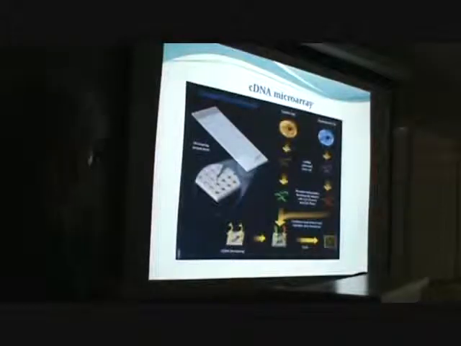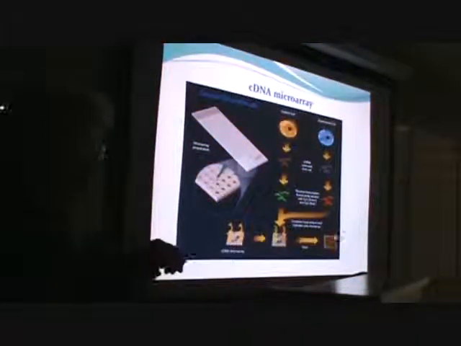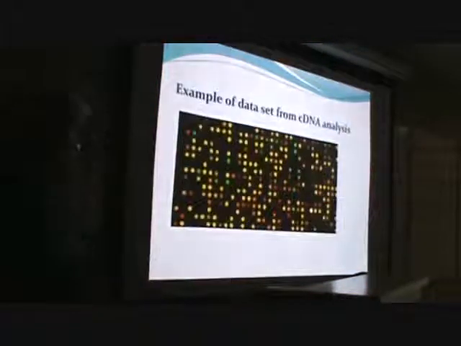I'm not going to spend a lot of time on this. There's two ways of looking at RNA expression. One is to compare an experimental to a control, with differential labeling of the RNA from the control cell and the experimental cell, and you do the competitive hybridization, put it on the array, and then you get this kind of heat map that comes out of it.